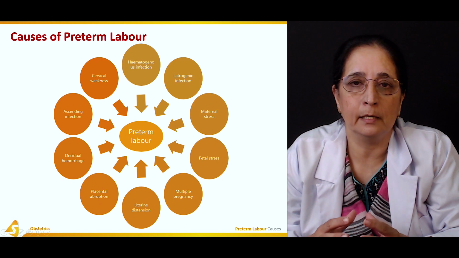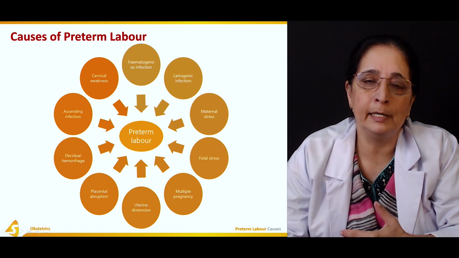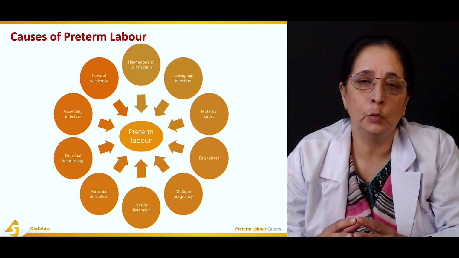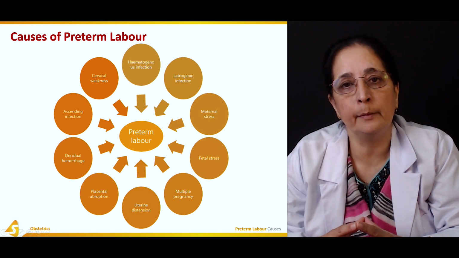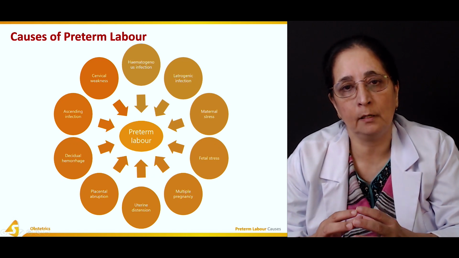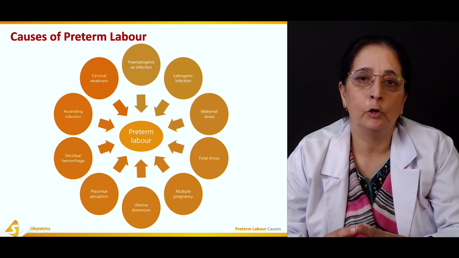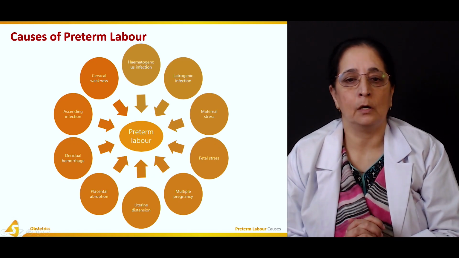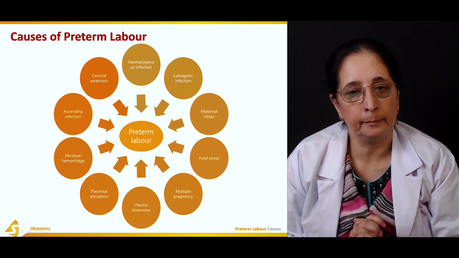Cervical weakness leads to early dilation of the cervix, and this can lead to preterm onset of the labor because of the inability of the cervix to hold the growing fetus. So all these are the different causes of onset of preterm labor.